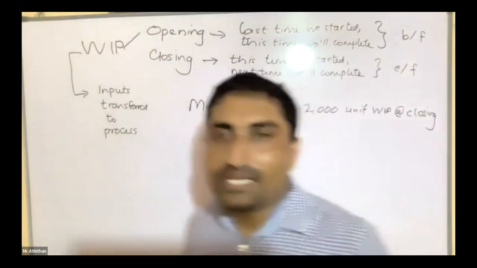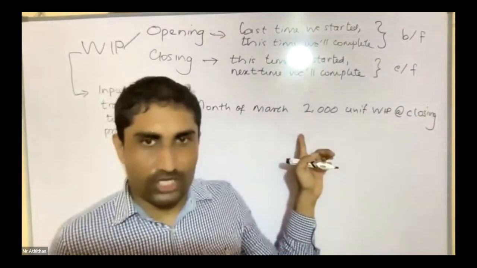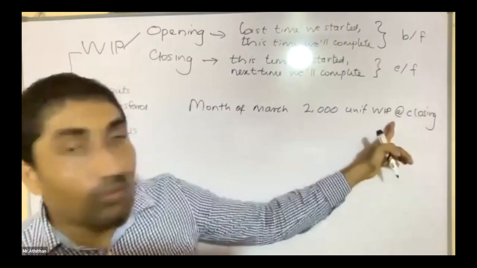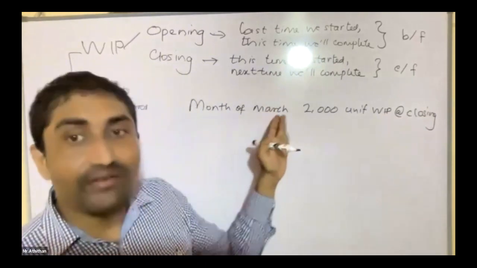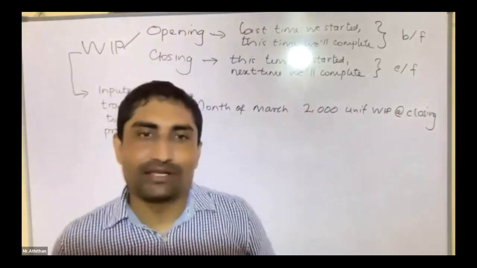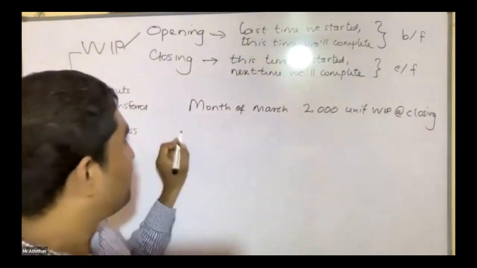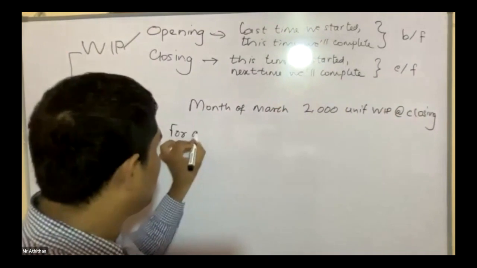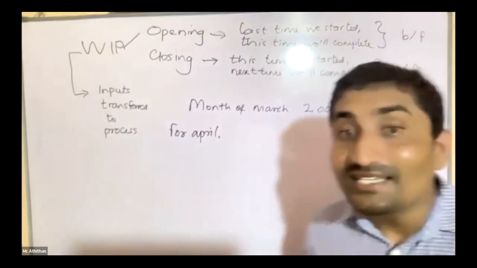Let's think this as an example. இது ஒரு உதாரணமாக நாங்கள் பார்த்தோம்னு சொன்னால், for the month of March, 2000 unit work in progress at the closing. மார்ச் மாத முடிவில் 2000 அலகுகள் WIP இருந்திருக்கு. So that is closing. For April, this is opening.